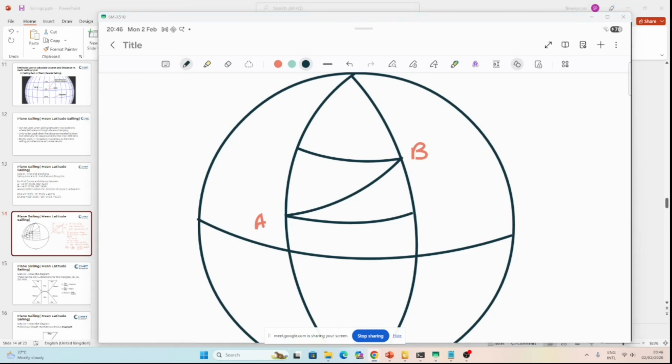What is departure? Departure is the east-west distance in nautical miles between A and B.